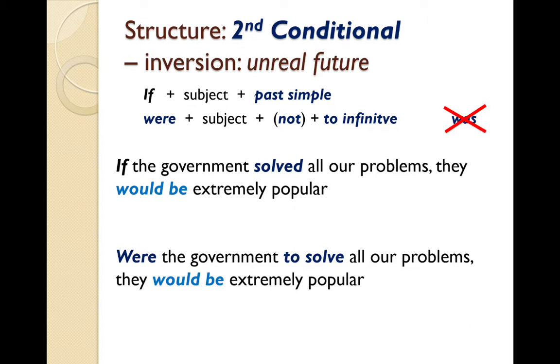So if is gone, and we start with were, and then the subject, and instead of the past simple, we have to and infinitive. So if the government solved becomes were the government to solve. So replace if with were and change the past simple to and infinitive.